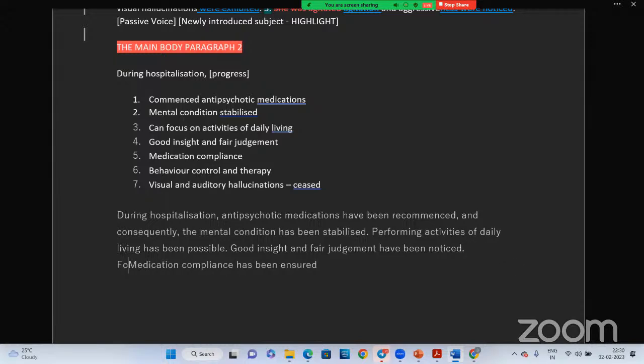Or you can say focus on medication compliance, behavioral control, and therapy, providing therapy.